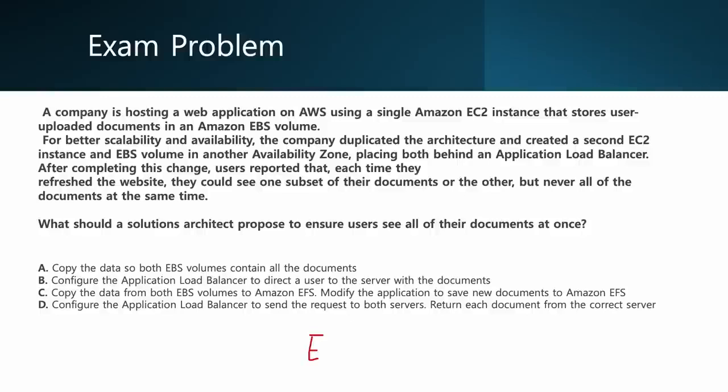At this point, you should know that EBS is connected to only one EC2. It seems like this issue can be solved by having two EC2 applications sharing one storage. If you want to share a single file, you can use EFS file sharing storage. So you should use EFS instead of EBS. The correct answer is C.